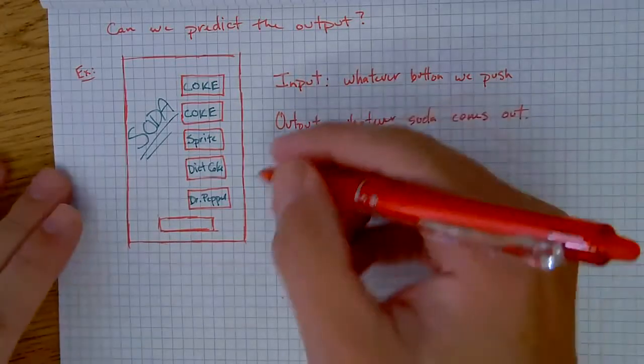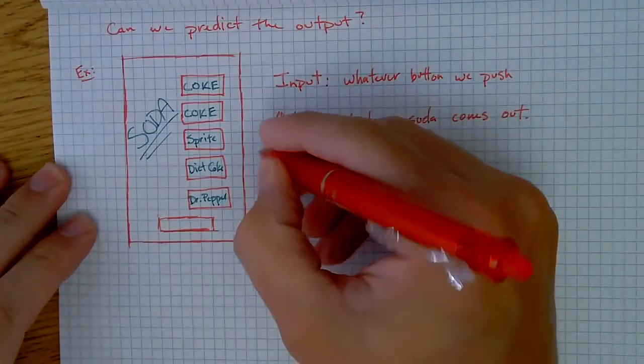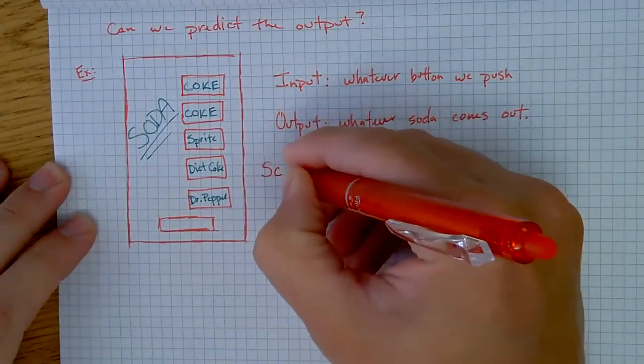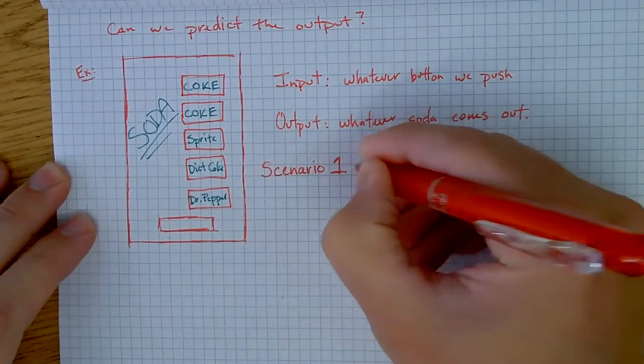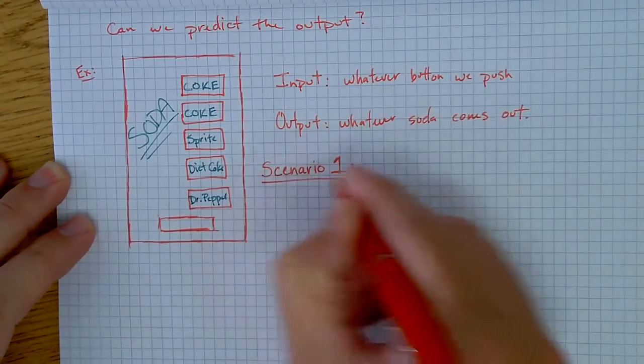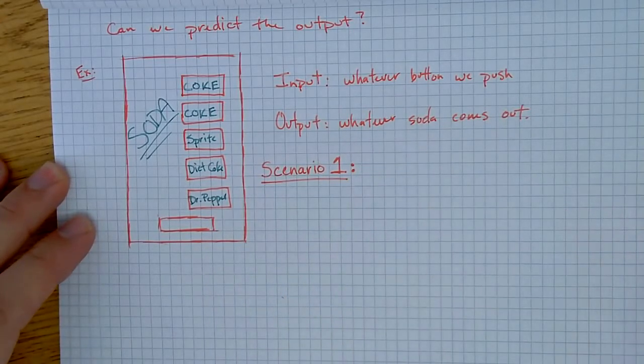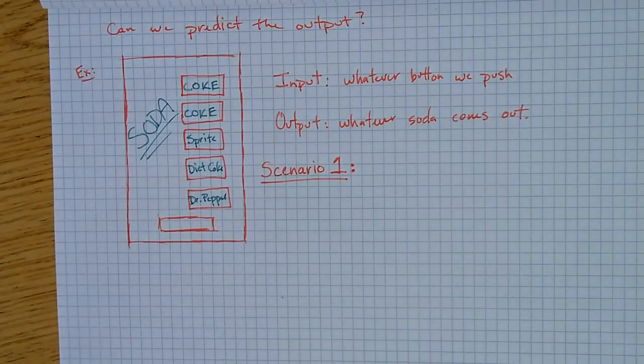So we're going to go over a couple of scenarios here to determine if the machine is functioning properly. If it's functioning properly, then we'd say that the function works.